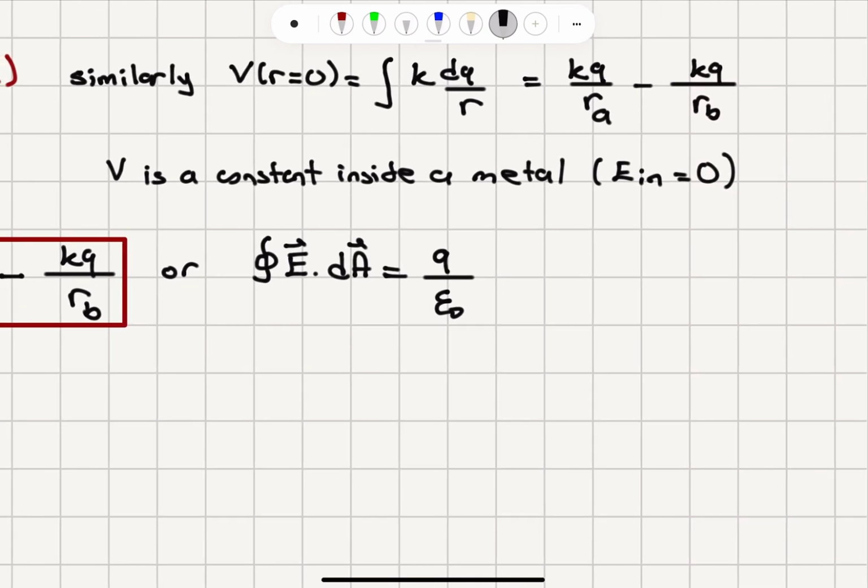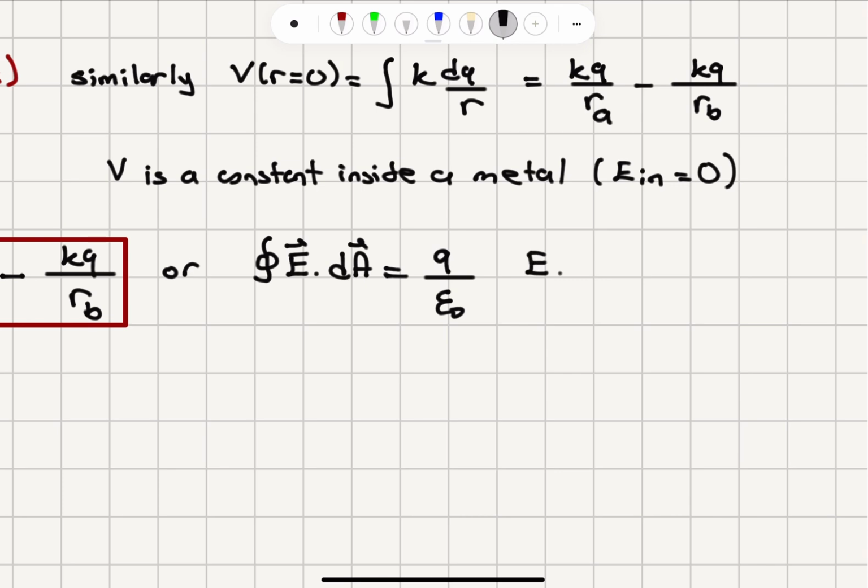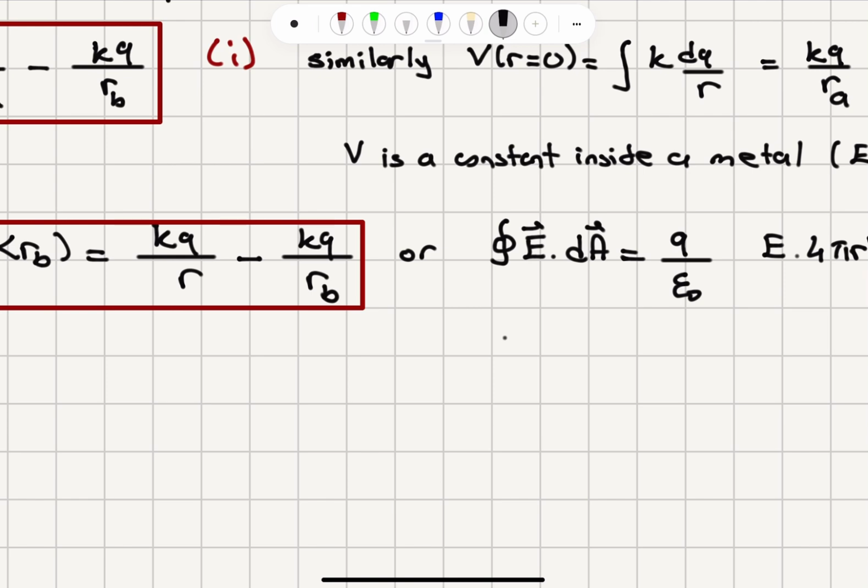And that gives me E times 4 pi r square is equal to q over epsilon 0, and the electric field inside then must be equal to kq over r square in r hat direction.